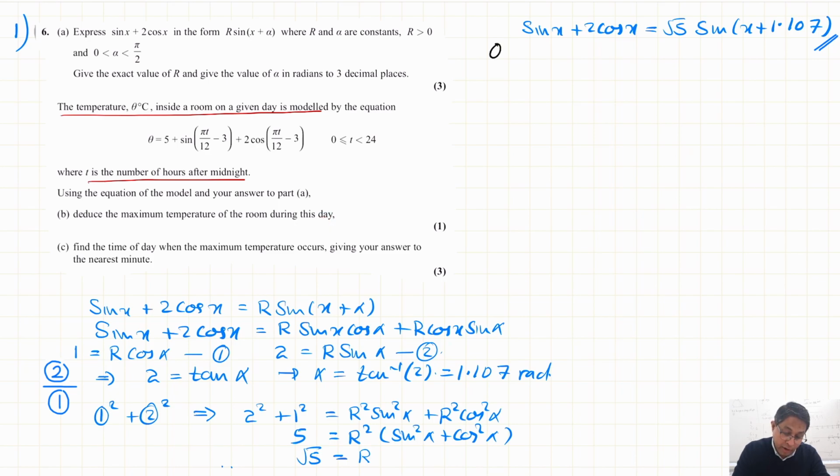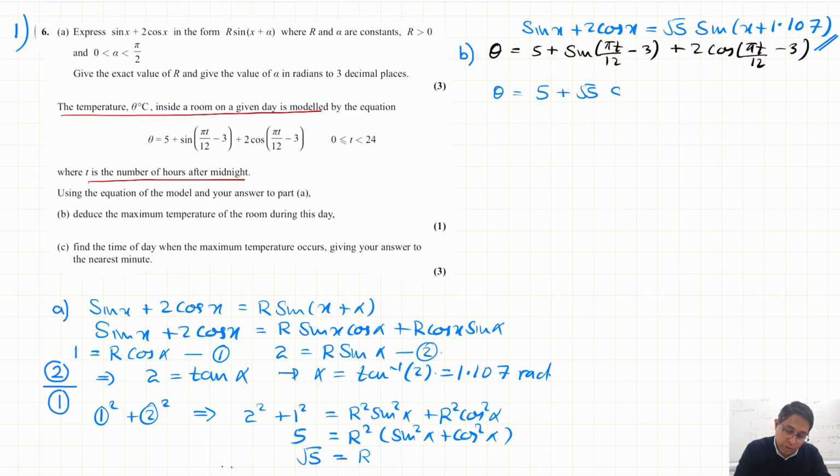Take the model equation, theta equal to. You can see we have the same expression as here. According to this expression, if you take x as 5t over 12 minus 3, now you can write theta as 5 plus square root 5 sin(5t over 12 minus 3 plus 1.107).